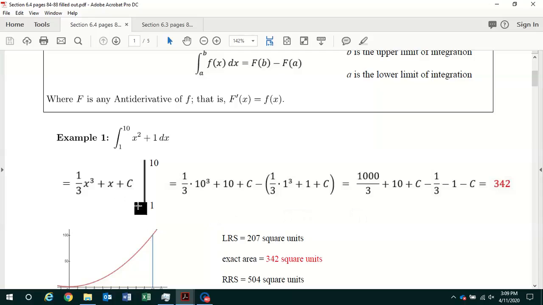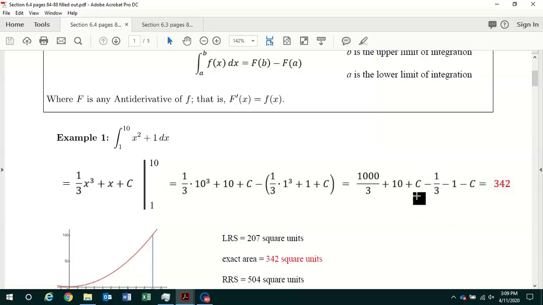Now it's arithmetic, you've got to simplify. 1/3 times 10 cubed is 1,000 thirds plus 10 plus c. Then we distribute the minus sign and simplify what's inside the parentheses. 1/3 times 1 cubed is 1/3. So we have minus 1/3, and then minus 1, and then minus c.